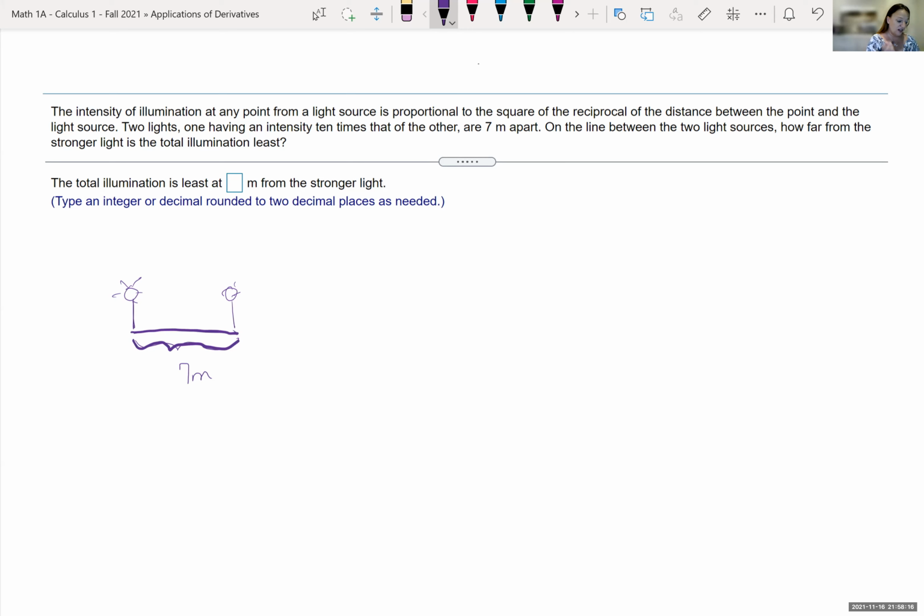And there's some point on this line in between them where the total illumination is the least.